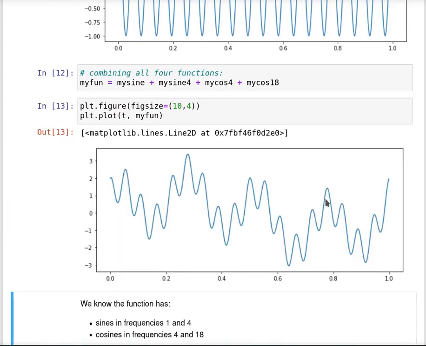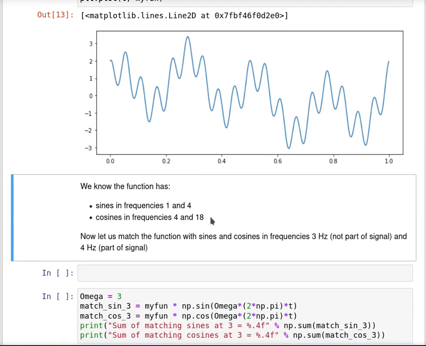So this is the result. This is the signal that I just produced, and it is a combination of sines and cosines at different frequencies. We know, because we created the function, that it has sines in frequencies 1 and 4 and cosines in frequencies 4 and 18.